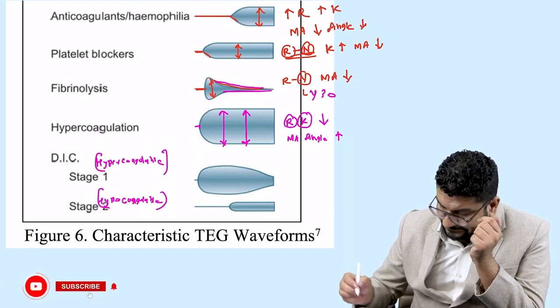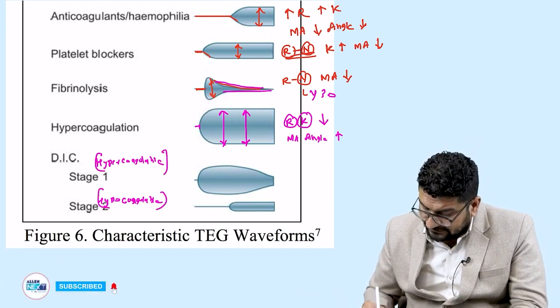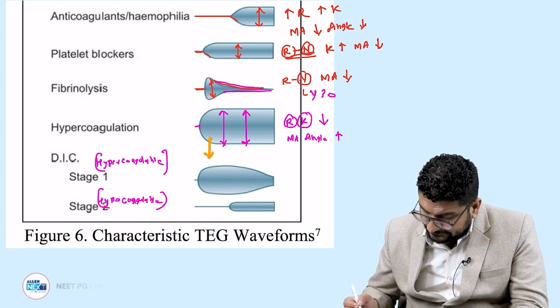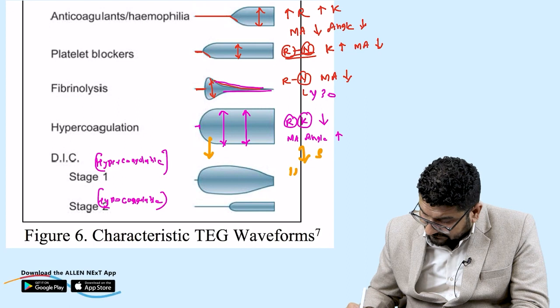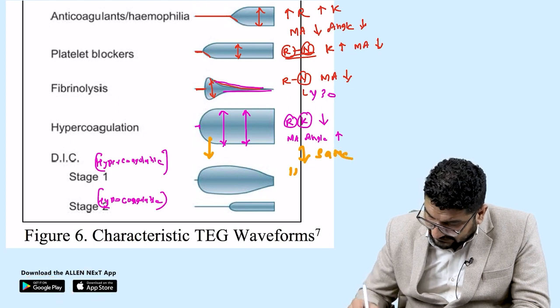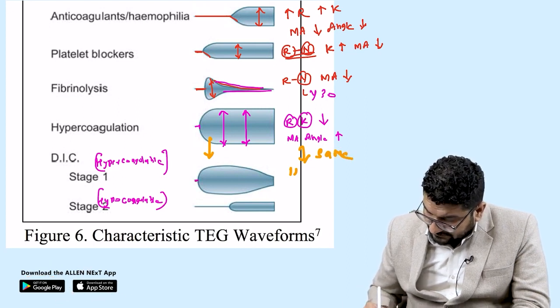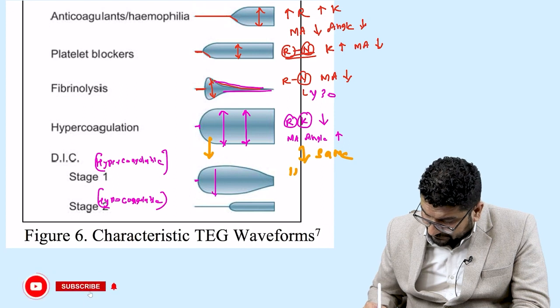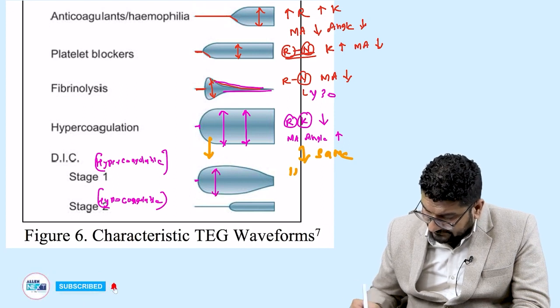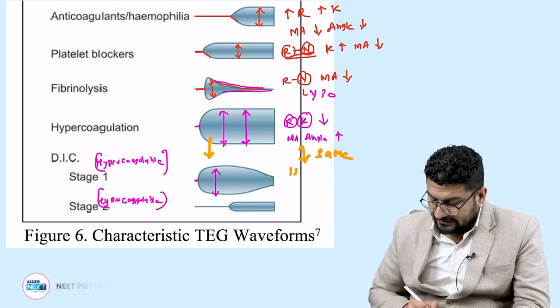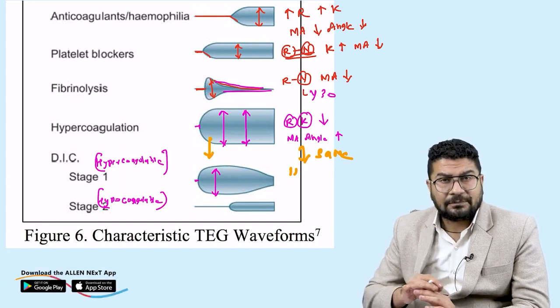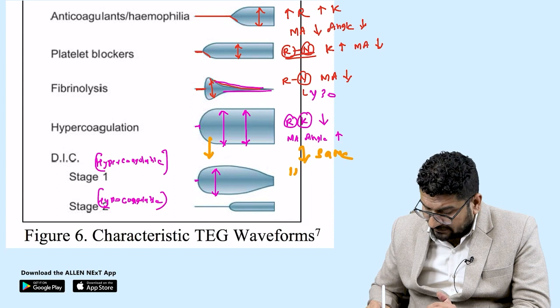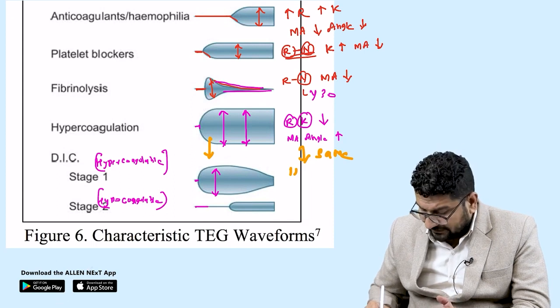So stage 1 will be exactly similar to जो हमने ऊपर लिखा था. Means आप देखोगे same thing, same as this, everything is same. Means R, K is shortened, maximum amplitude is more, right? Angle is more. But later on, अगर आप यहाँ देखोगे stage 2, in stage 2 when it's a hypocoagulable state, you can notice hypocoagulable means less clotting factor होंगे, तो R time क्या होगा?